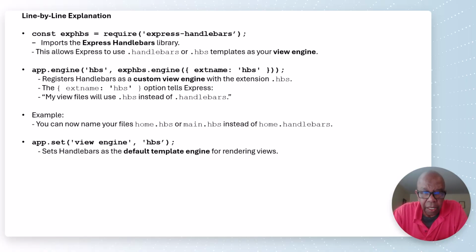Live demo, rendering variables. Here's an example. We have a template, home.hbs, and basically it is HTML that has a welcome and a name. Here we're expressing the route. We're saying when we go into the top of my web page, what I want to do is come back with home, and then we're going to come back with the name Alice.